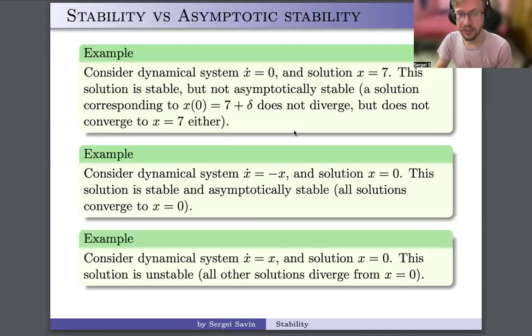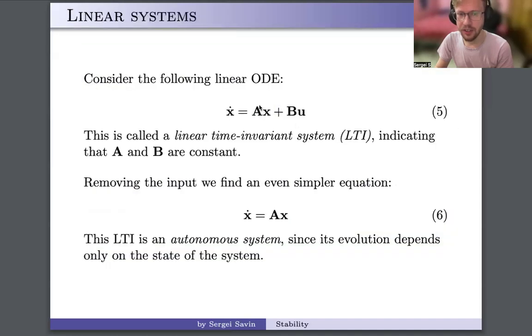At the very least, in these examples, we know that A and B themselves do not depend on t. Now, u may depend on t, but A and B don't. That is what it means to be linear time invariant.